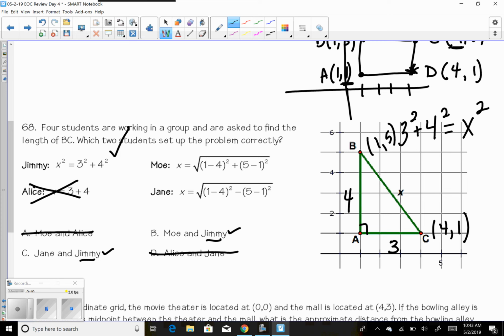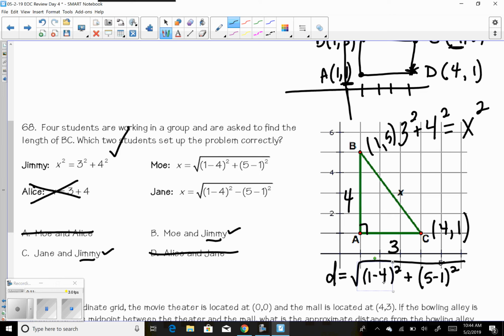Okay, so if we were to do the distance formula, it would be, so they're starting with 1 and then going to 4. So it would be 1 minus 4 squared plus 5 minus 1 squared.